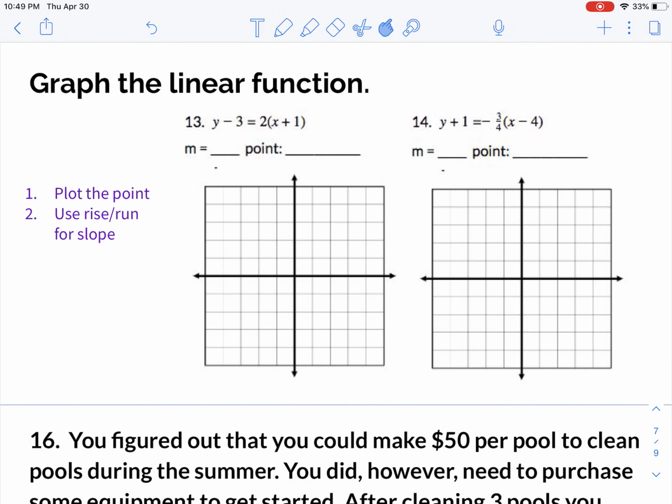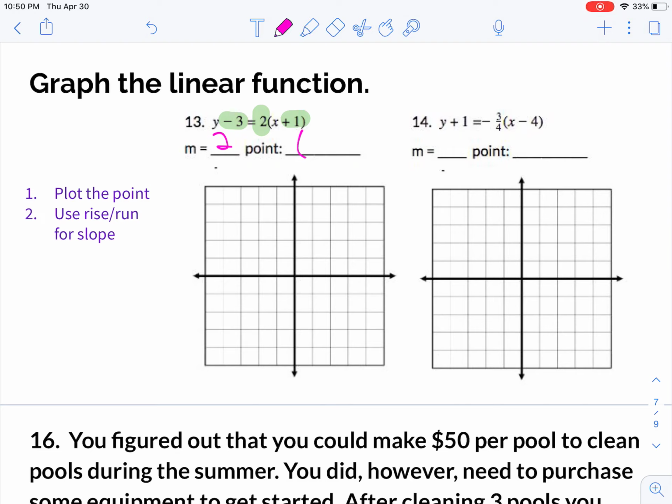Okay, let's talk about this one. If I give you the point-slope form and I just ask you to graph it, well, that's a lot quicker than you think it might be. I need to know what my slope is, which, by the way, is right there, so I know that it's 2. And I need a point, which, by the way, I have right here.